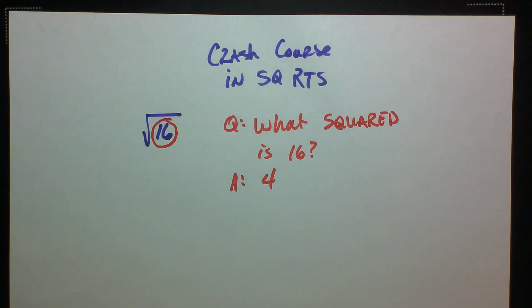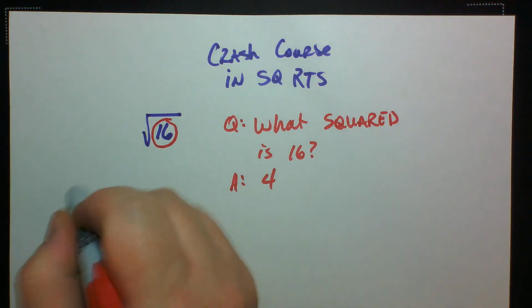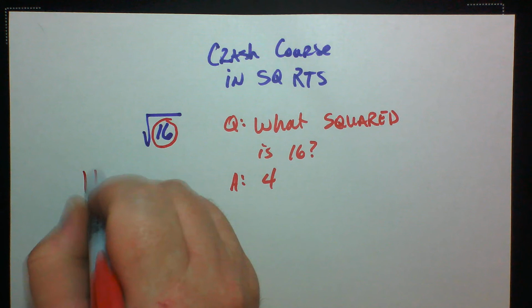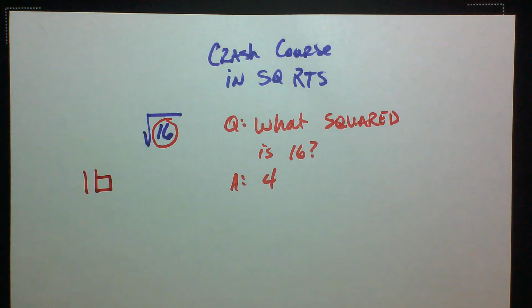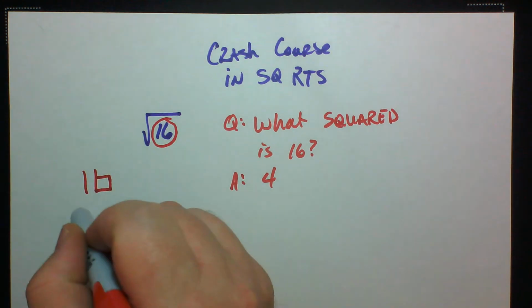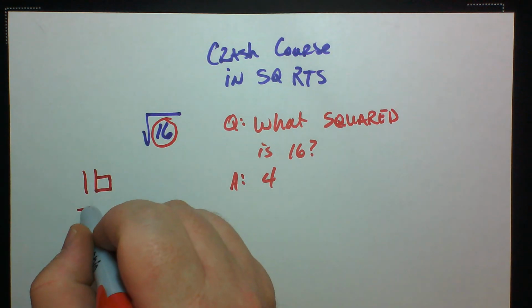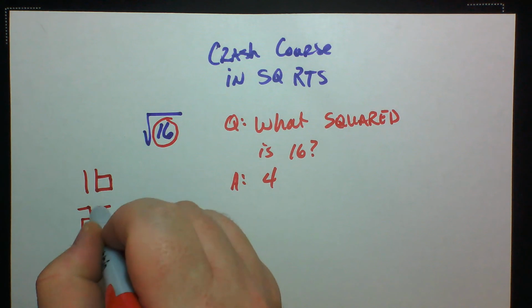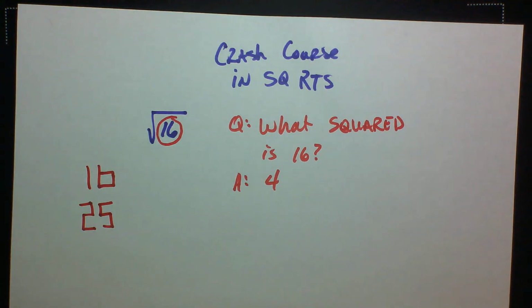The third question says, what are square numbers? Would they be numbers like this? That's a square, 16. Yes, ma'am: 1, 4, 9, 16, 25, 36, 49, 64, 81, and 100. But what are they?